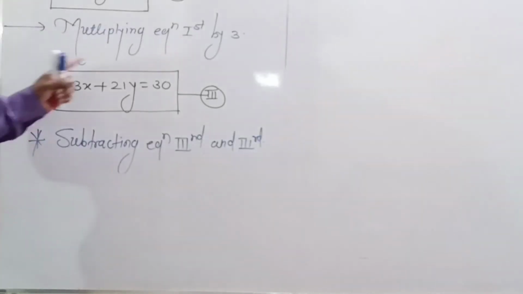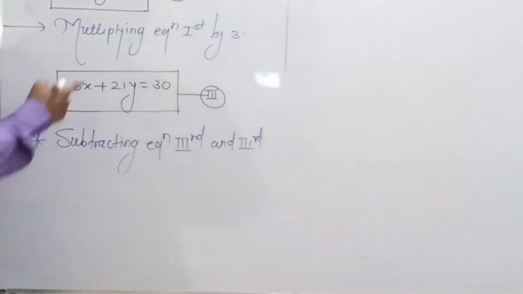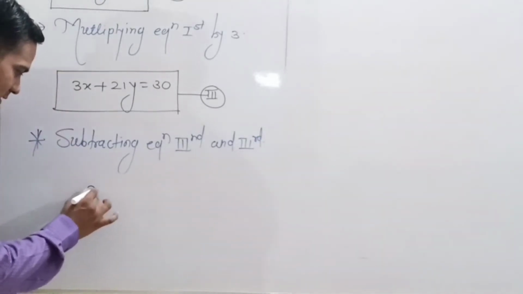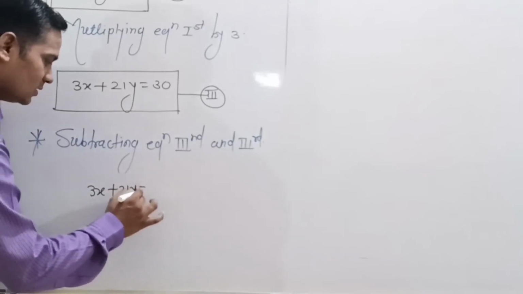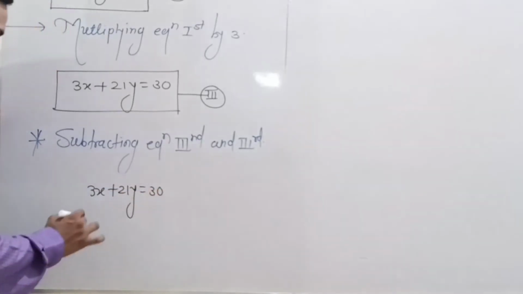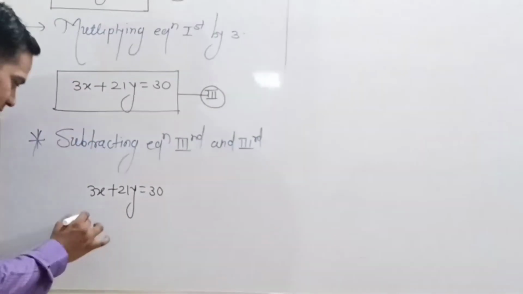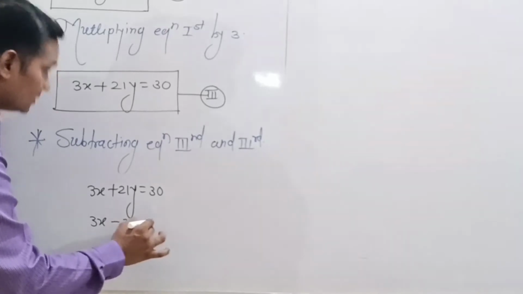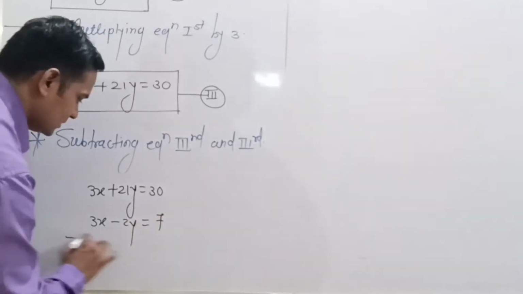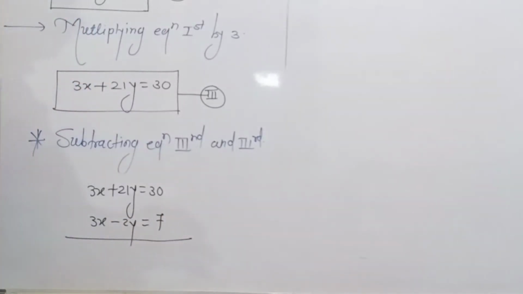So let's write that equation number third first of all, and that third equation is 3x plus 21y is equal to 30, and second equation is 3x minus 2y is equal to 7. Now this is equation number second, and we have to do this subtraction over here.